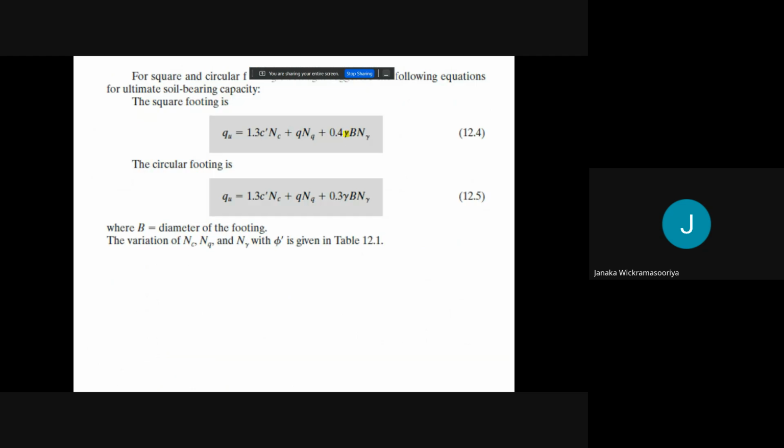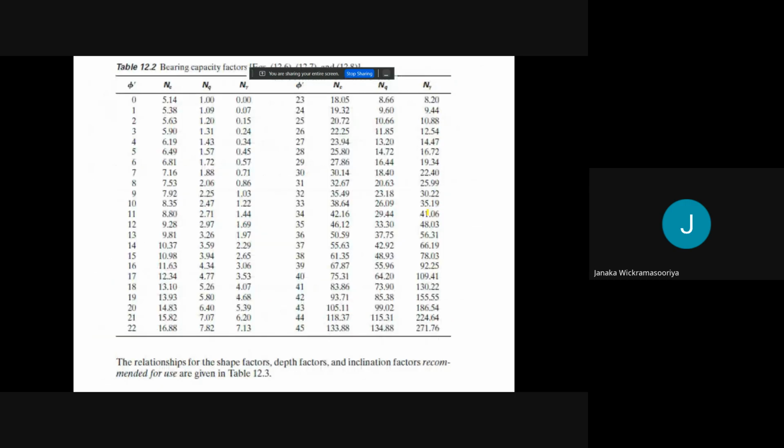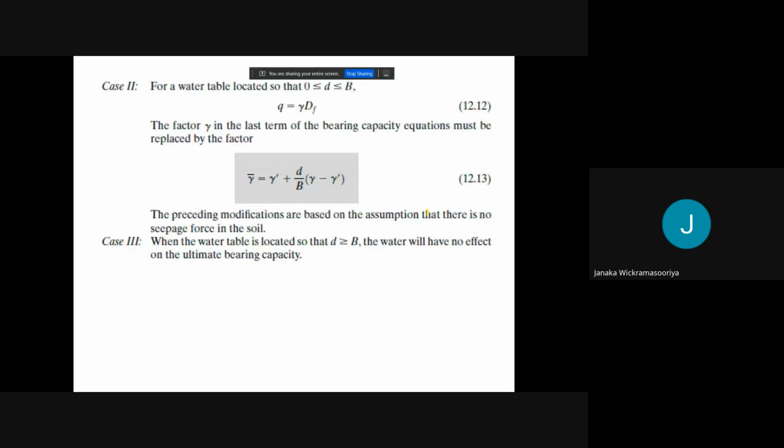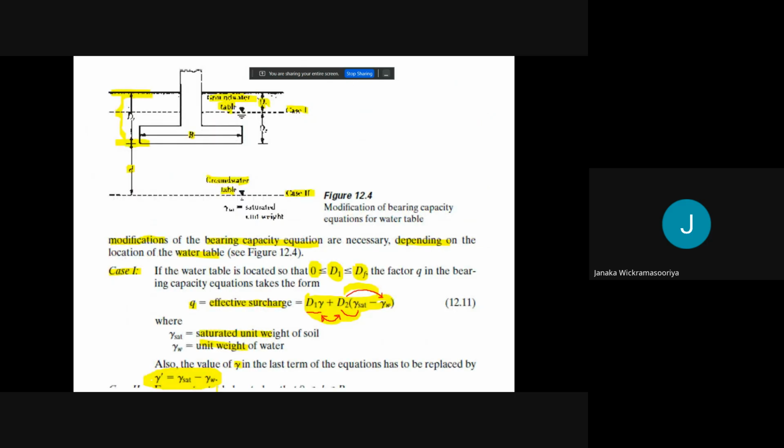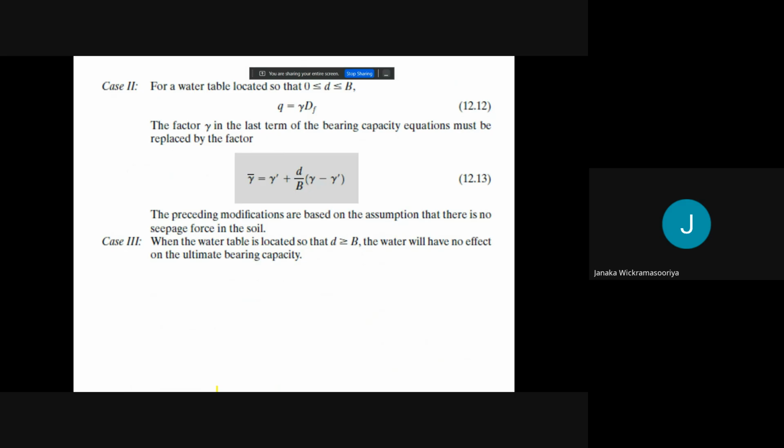This gamma has to be replaced by gamma dash, where gamma dash is gamma sat minus gamma w. That happens when the water table is in between these two. And case 2, the water table is located so that D is in between 0 and B. There Q equals gamma times D F. That is also the stress, no problem.